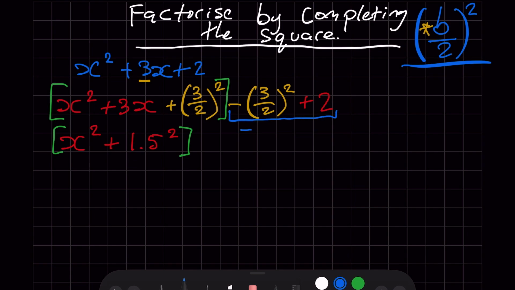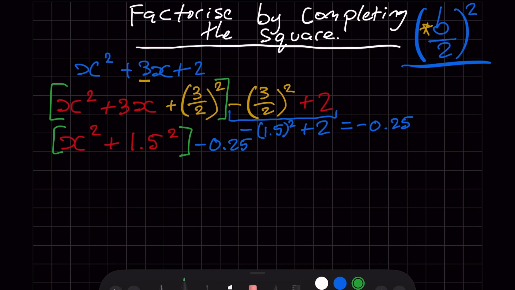So negative 1.5 squared plus 2, that gives you negative 0.25. That's okay, we can deal with that, not a problem. Negative 0.25 goes in there.